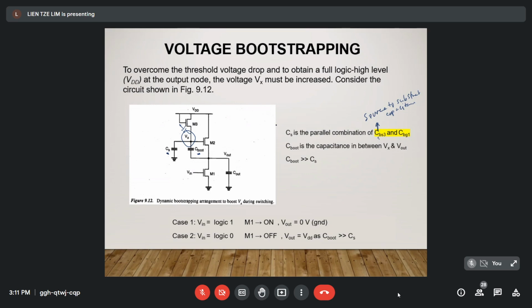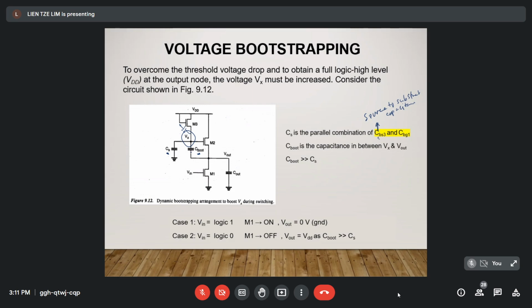Then C boot is the capacitance in between Vx and Vout. It means that C boot is between this Vx node and this Vout node. Maybe I should not say these two are in parallel.